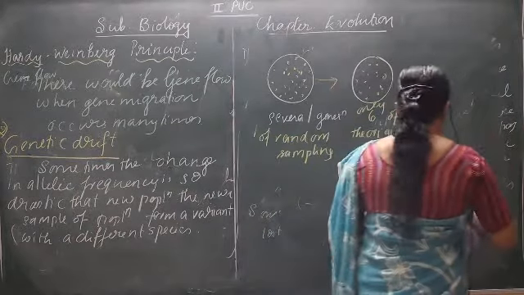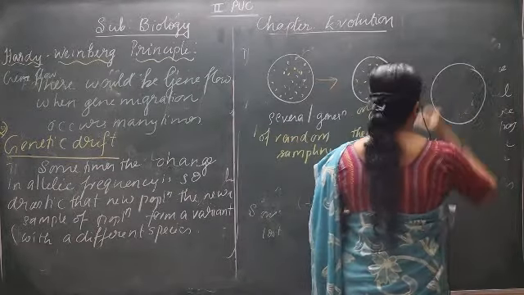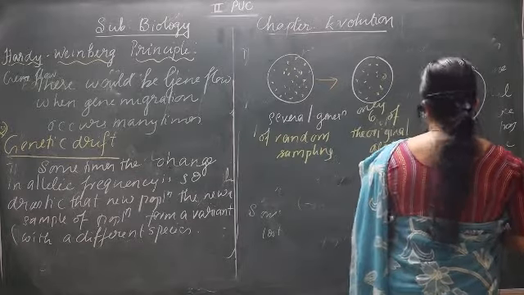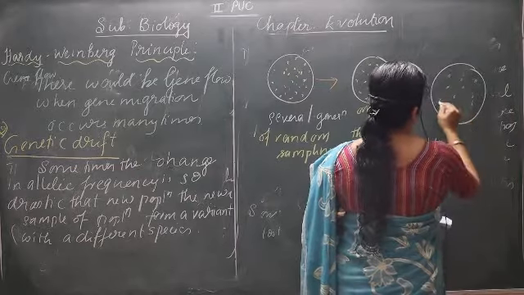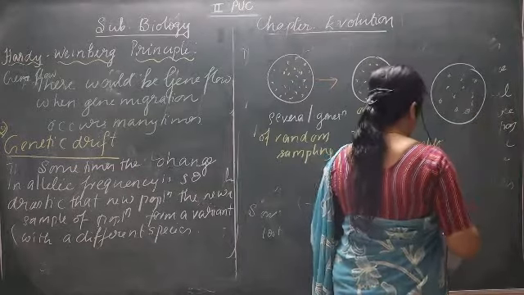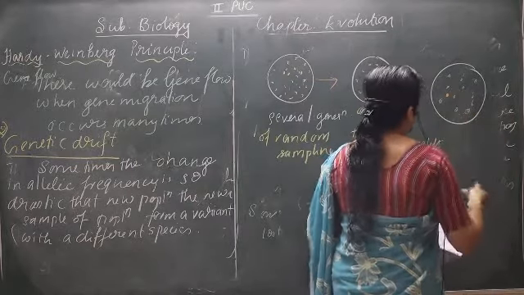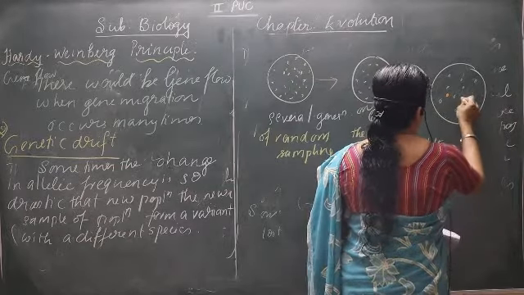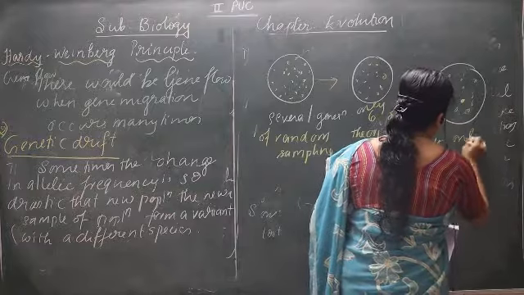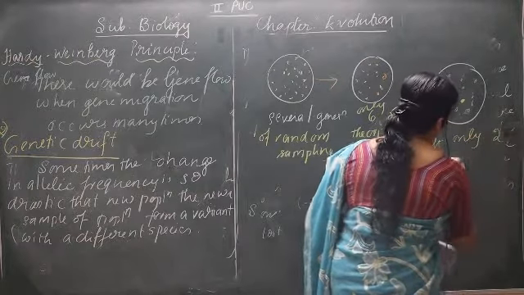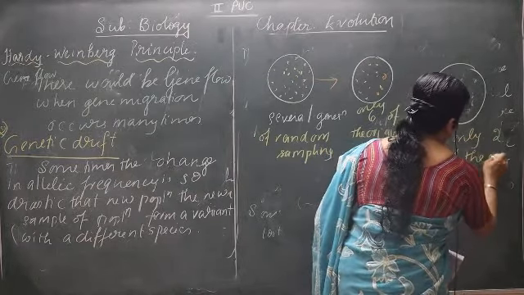Now again it was analyzed. They could see completely new individuals, and only 2 of the previous alleles were left. Only 2 of the original alleles.